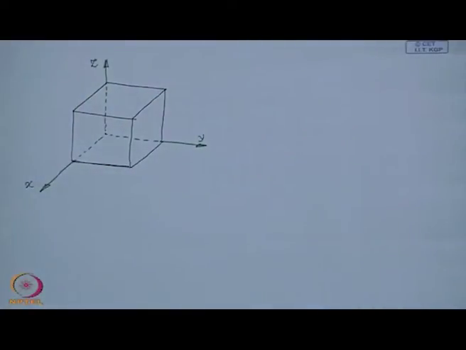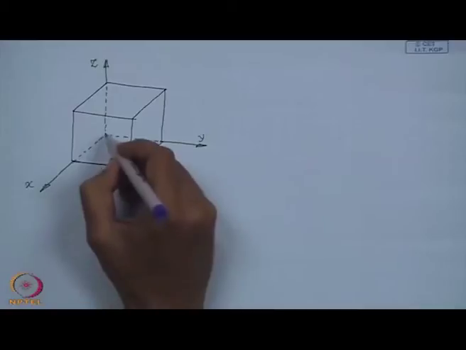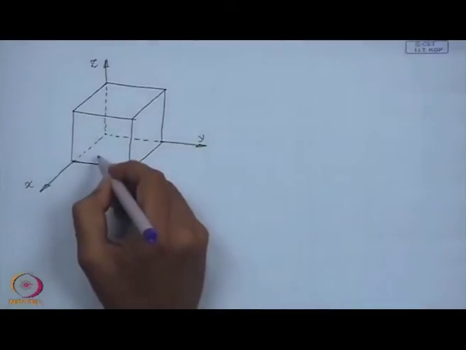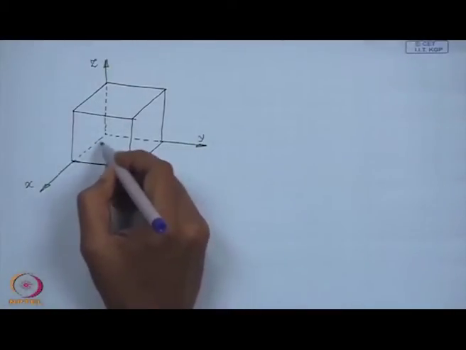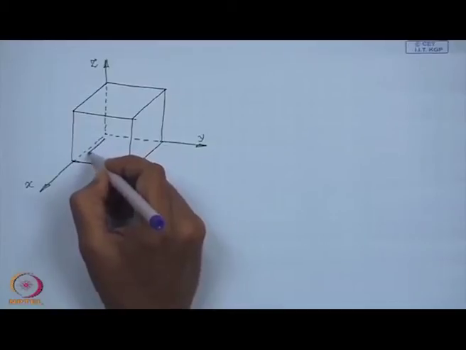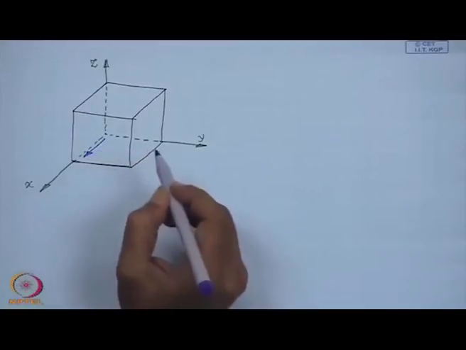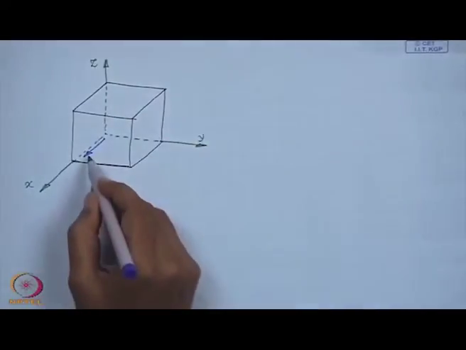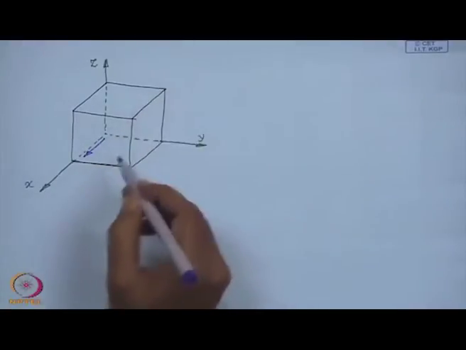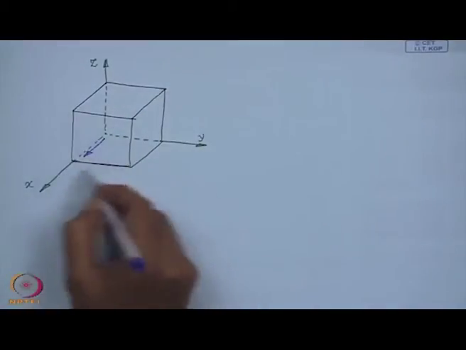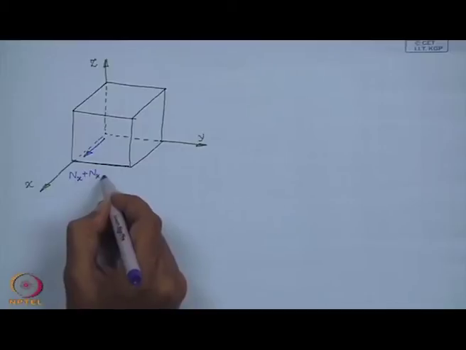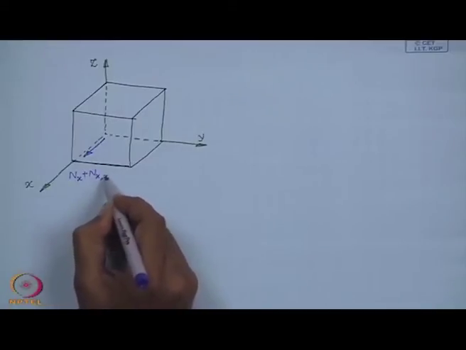I will mark out the resultants. The first is n x. On this face at x equal to 0 you have n x along the negative x direction, and on this face you have n x plus n x derivative with respect to x dx.